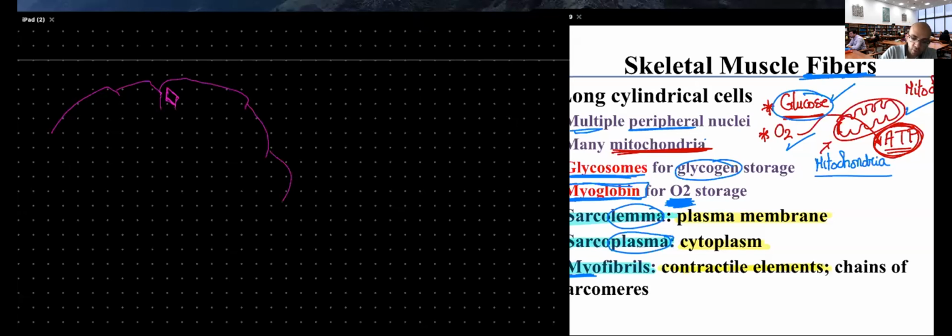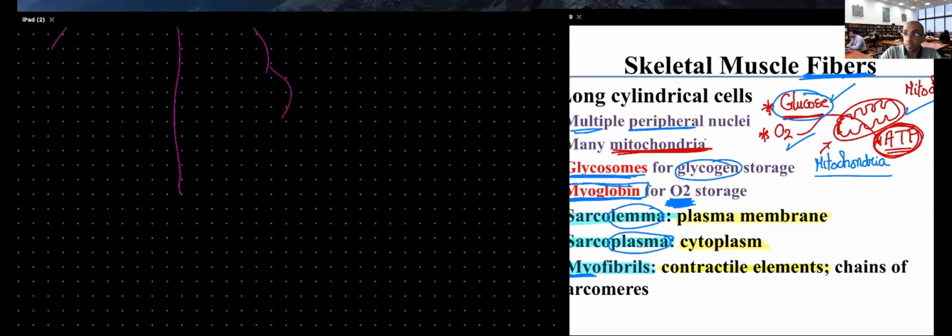Those are neurons that will be traveling down, down, down from the brain to the spinal cord until they reach the level of the spinal cord that's going to be innervating my biceps brachii.